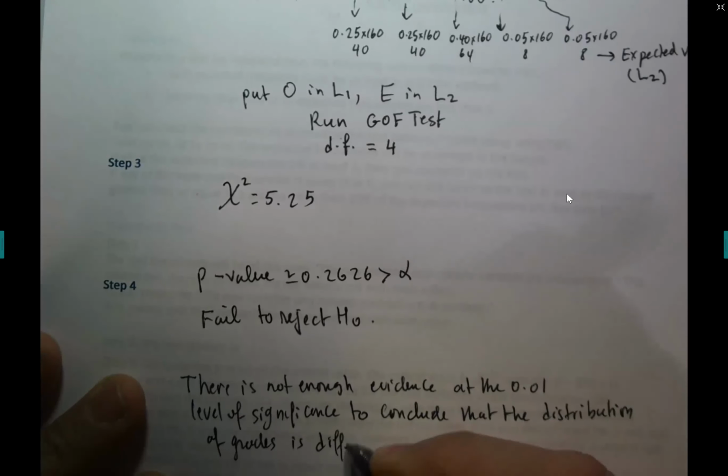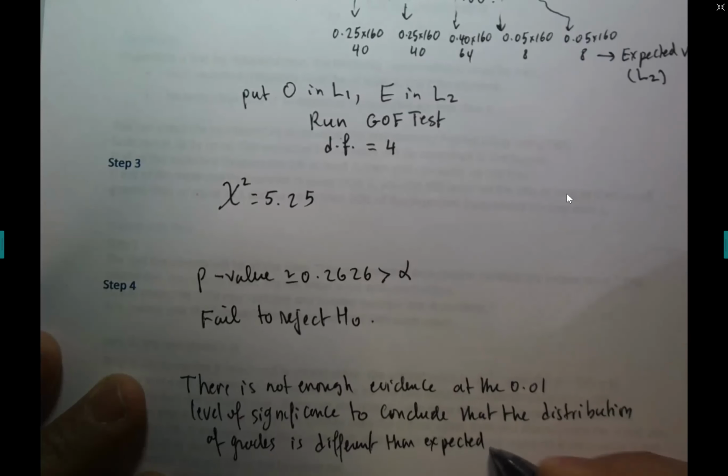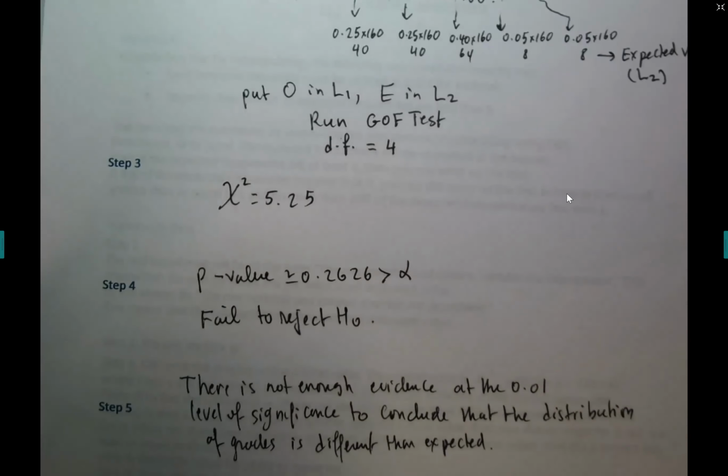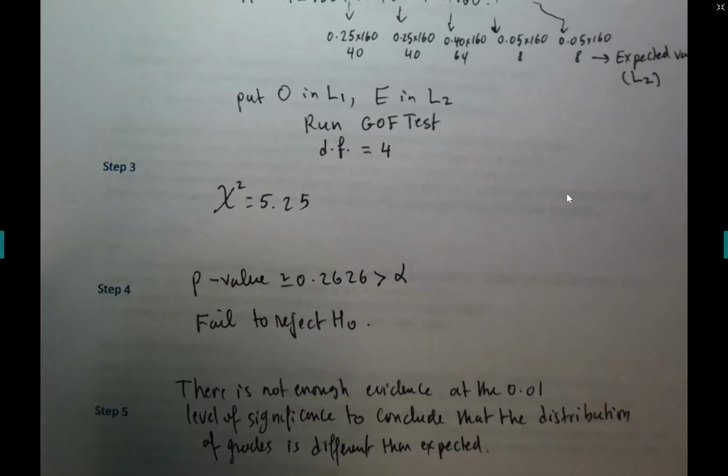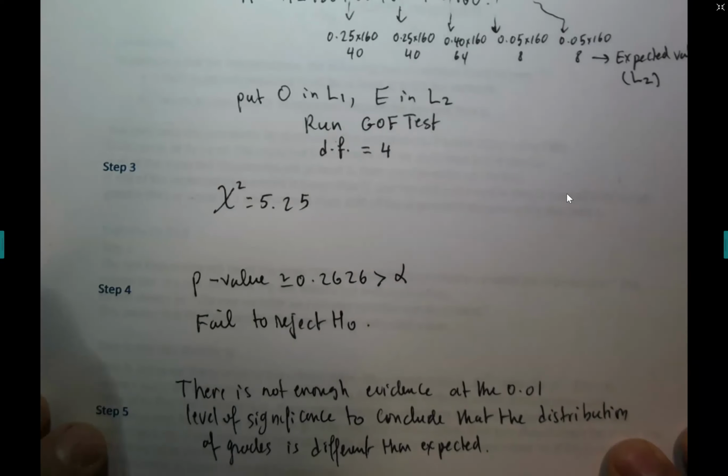So that means it's not different than expected. The original distribution is still valid. And you can say there's not enough evidence to support the claim that the distribution has changed, the language that you are used to. But you might have to select this one from a drop-down menu. That's why I'm saying he might put the word conclude, which is okay. You can use this word as well. Okay, so this is one of the questions, guys, with section 10.1.